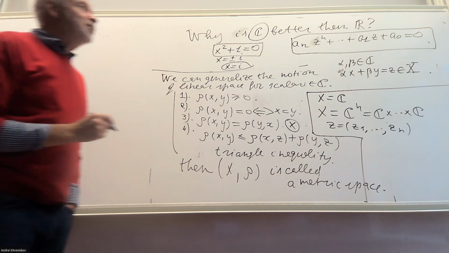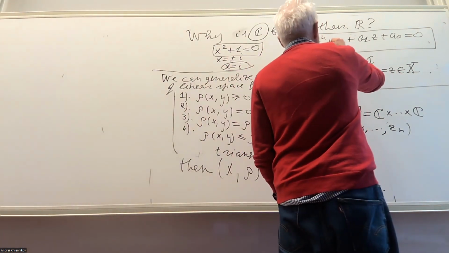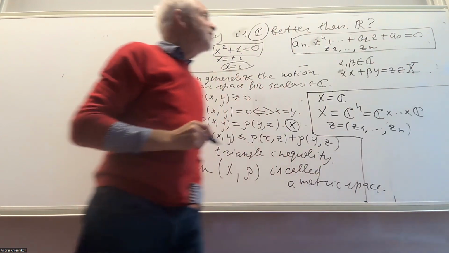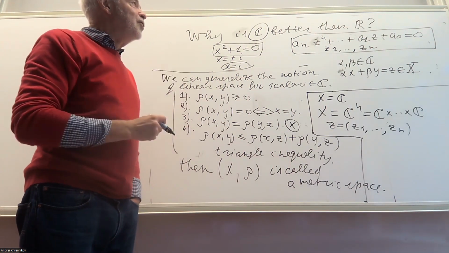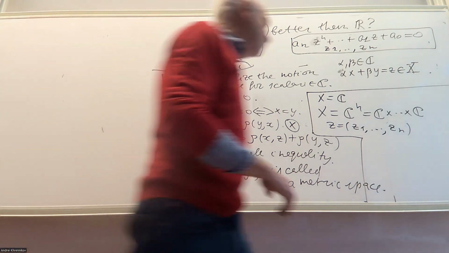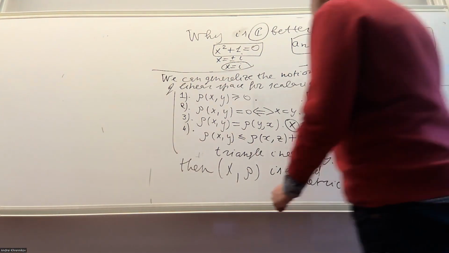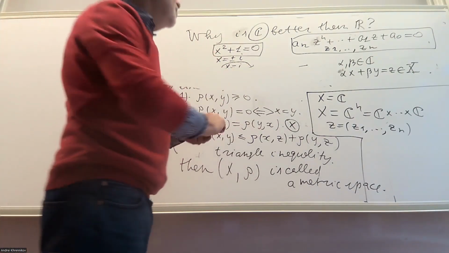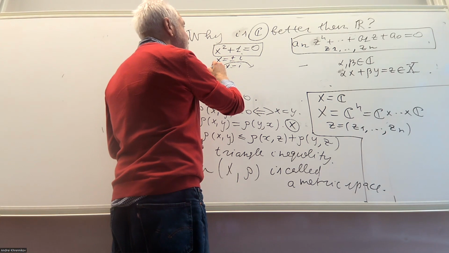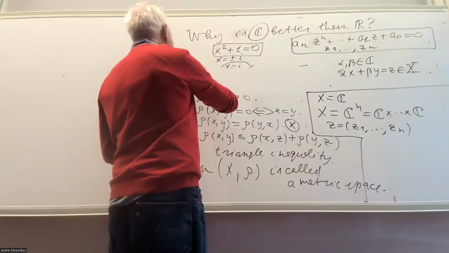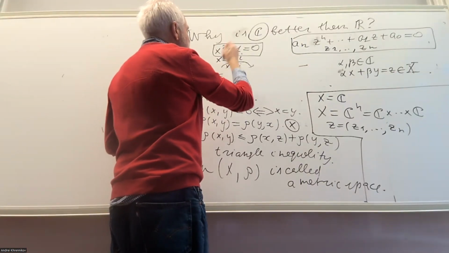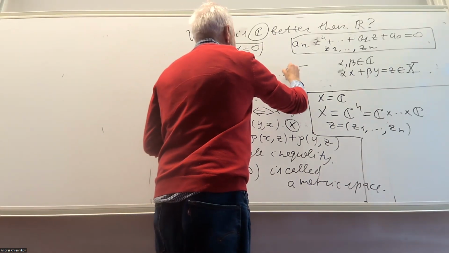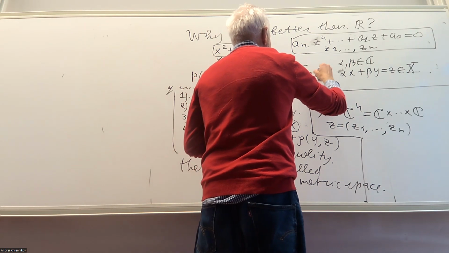If you find the roots z1, ..., zn, then as usual, we can expand this polynomial in a product of one-dimensional factors. So our polynomial P(z) is equal to some number A times (z minus z1) ... (z minus zn).